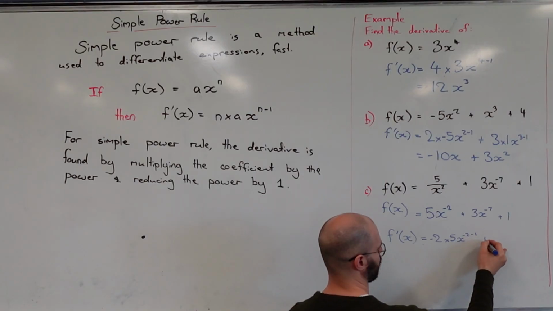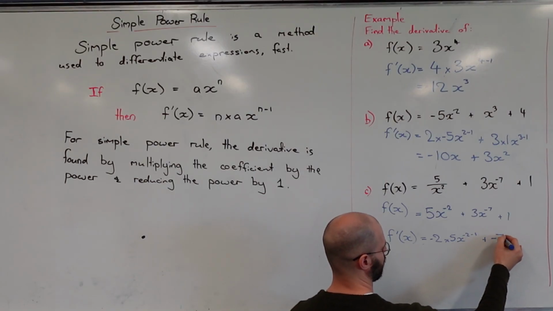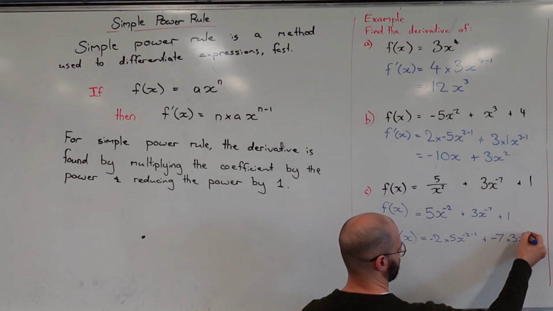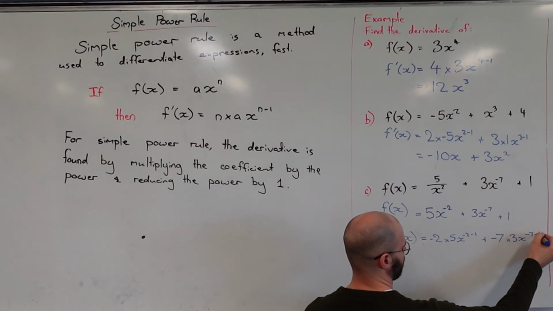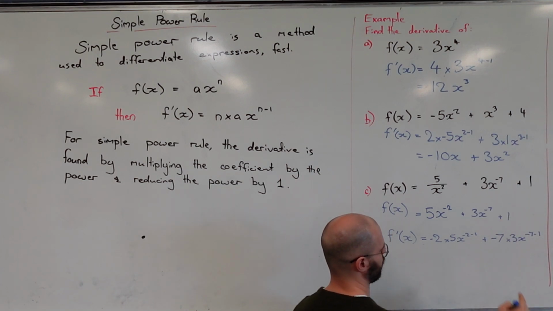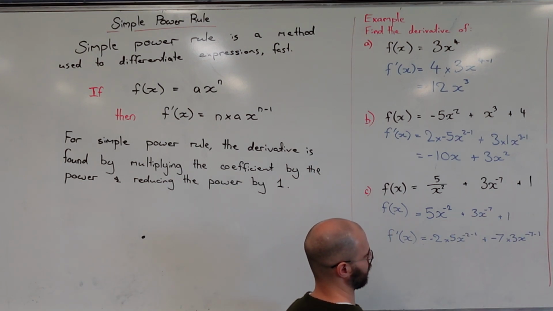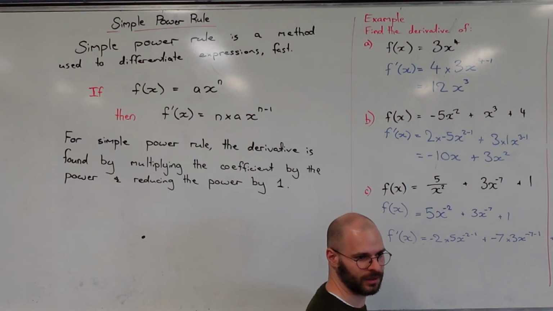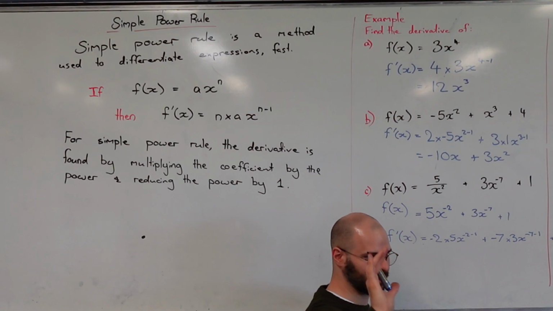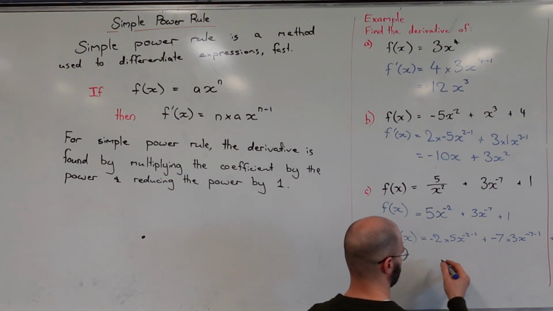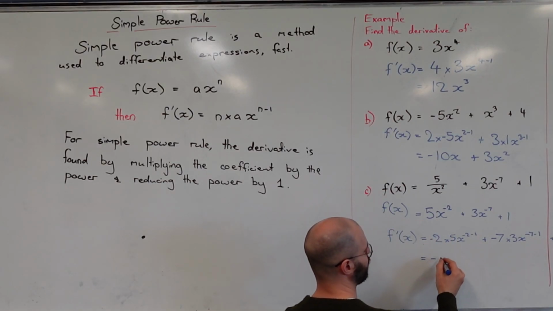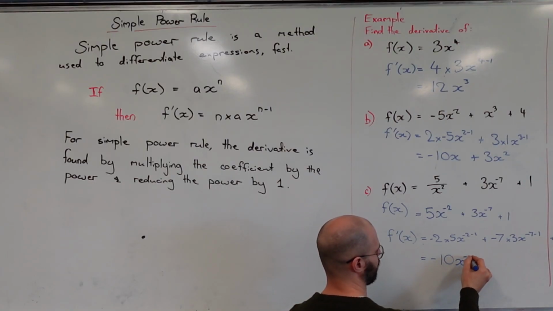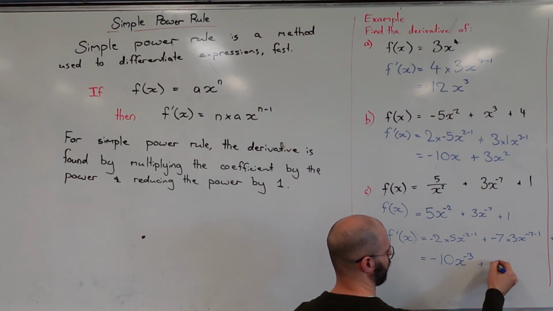Next one? 7 times 3x to the power of 7 minus 1. And then negative 7, and the 1 can just go. And then, what do we say to the constant? Wave and say, bye constant. Okay, so this becomes -10x to the power of -3, plus... you don't need the plus, sorry.